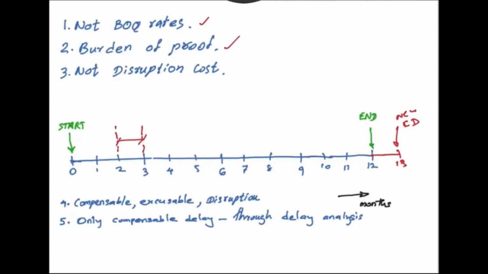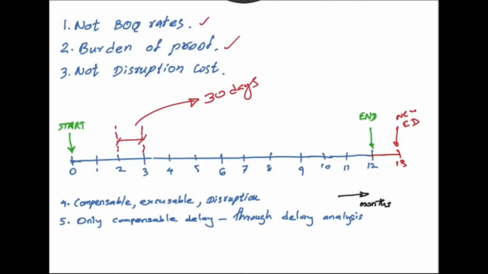Once the EOT is submitted, the planner will evaluate the EOT submission and check what the EOT is. In this case, suppose the EOT is 30 days and this whole 30 days may not be compensable. There may be excusable delays within these 30 days.